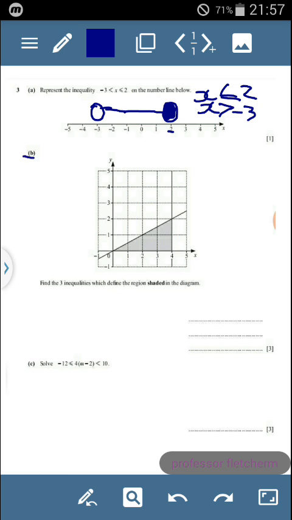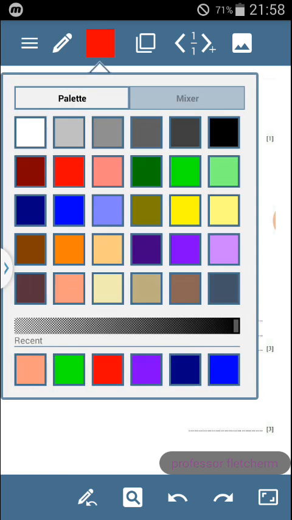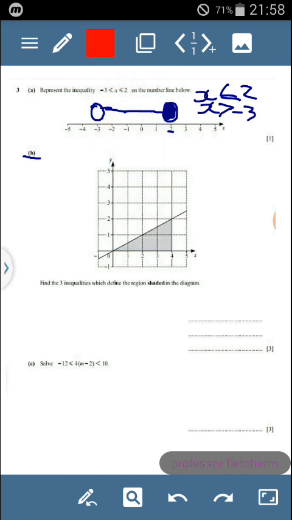Okay, part B. Again, we are supposed to show working on this sheet, so I'm trying to do that. Find 3 inequalities which define the region shaded in the diagram. So basically here we have 3 inequalities.